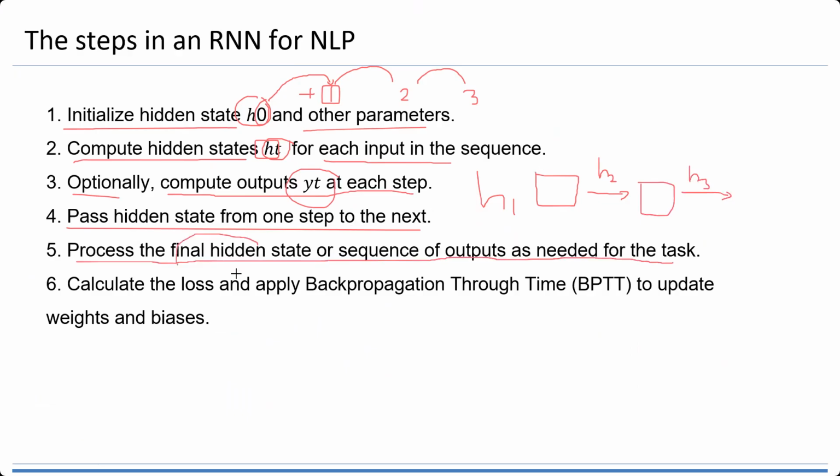So we can do something with the final hidden state in order to complete the particular task. And we need to calculate the loss. I'm not going to explain about the loss. If you joined the deep learning class or the data mining class, I hope that you already got some information about how to calculate loss. And we will apply backpropagation through time. So in RNN, we have backpropagation through time, or BPTT, to update weights and biases.